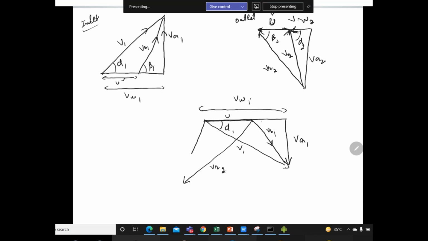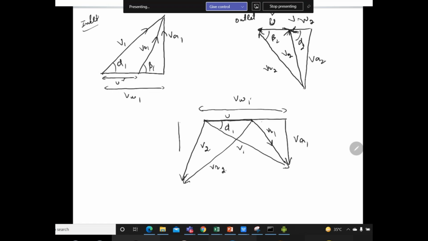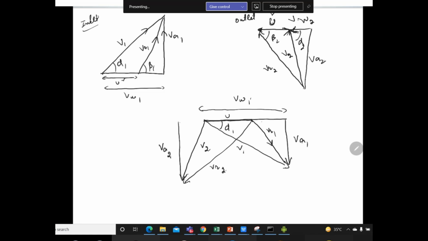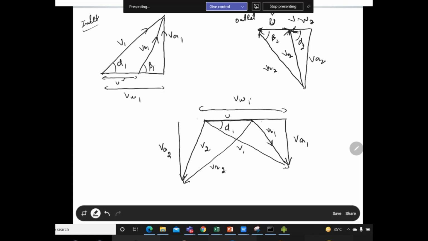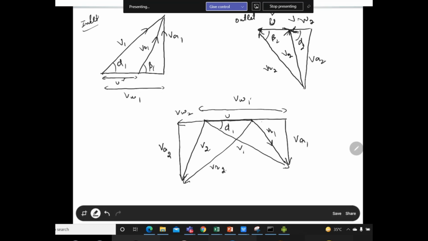So this is your V2, okay, because u is common over there. Then we have the axial component at the outlet, so you can just draw a straight line over there. So this is VA2, and now if there is a whirl component at the outlet, you can just draw VW2. Okay, this is VW2.